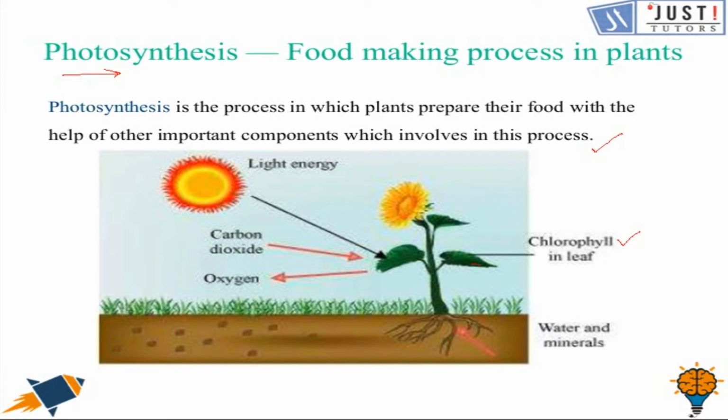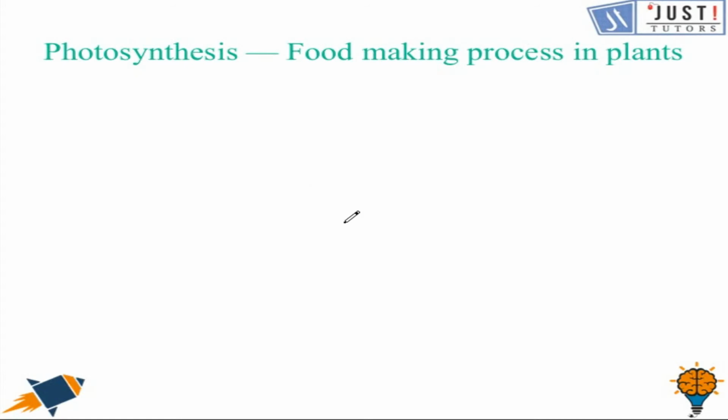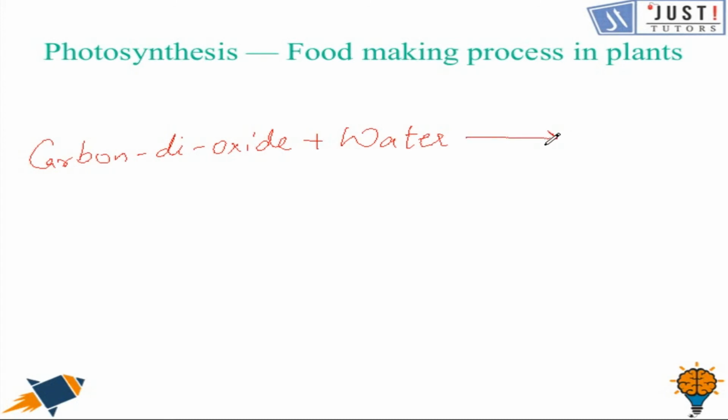So let's see how this process works. If I write this process in a chemical equation, we can write carbon dioxide adds water. Carbon dioxide is present in the atmosphere, and plants get water by rain as well.